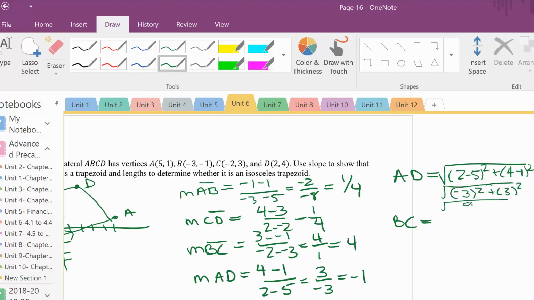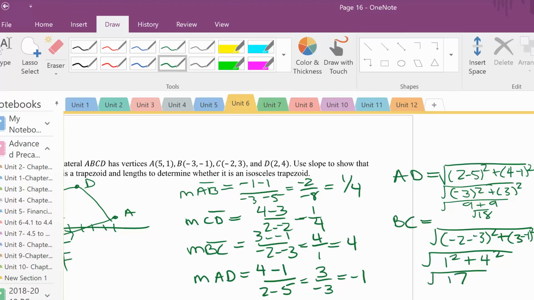So 9 plus 9 is the square root of 18. And then BC would be -2 minus -3 squared plus 3 minus -1 squared. So you get the square root of 1 squared plus 4 squared. So you get the square root of 17.